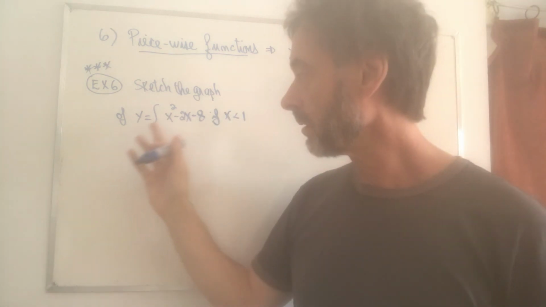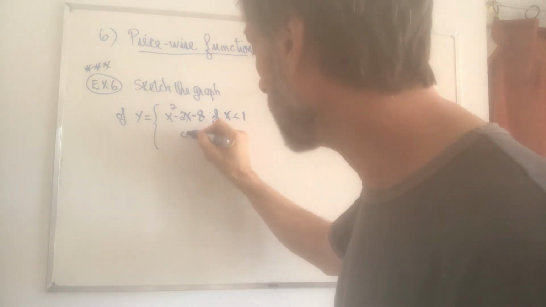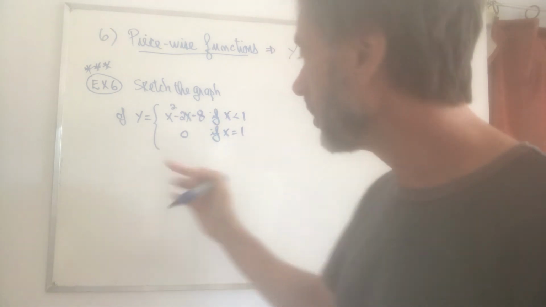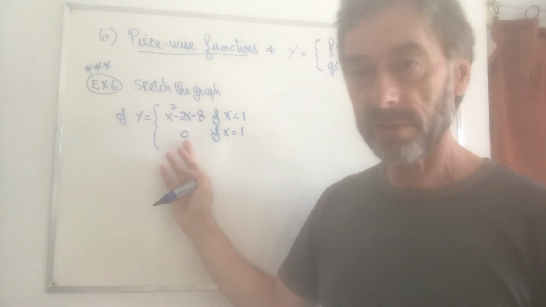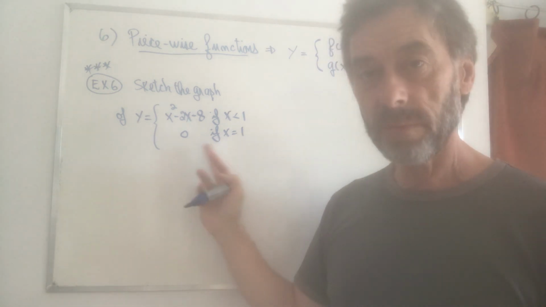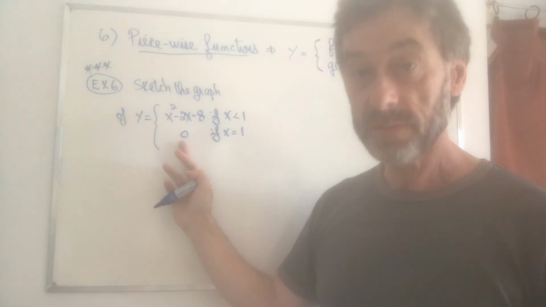You see here, there's a segment of this part that is a parabola. And then there's another segment that is just a point. The function is actually equal to just plain 0 when x is 1. This second part of the piecewise is just a point. It's the point (1, 0).